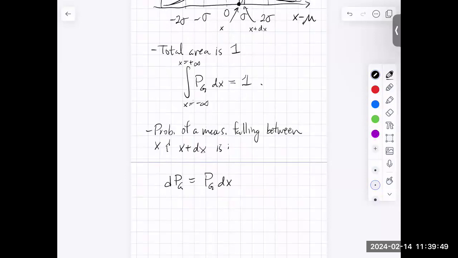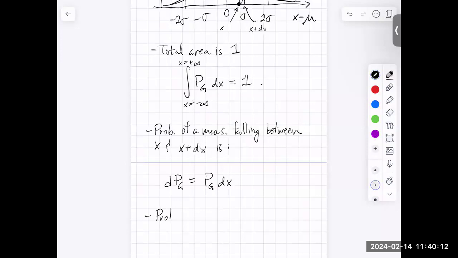If I want to know what is the probability of a measurement falling between some x1 and x2, where the distance between the two is not infinitesimal, then we just have to integrate. So we take all these little rectangles, put them one by one beside each other, add up all their areas, which is effectively just evaluating that integral.